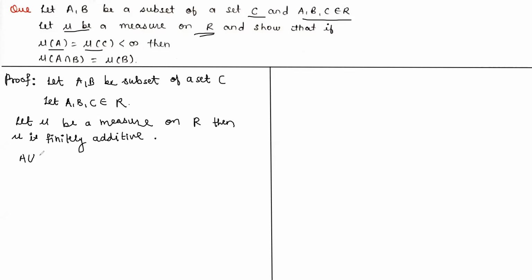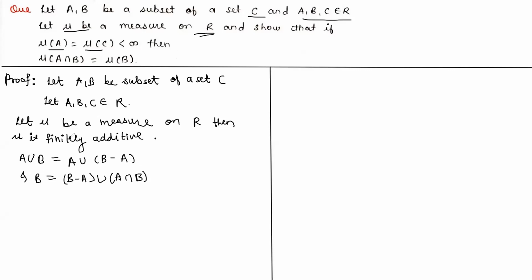Now, A union B is written as A union (B minus A), and the set B can be written as (B minus A) union (A intersection B).